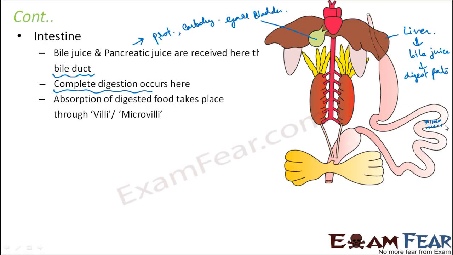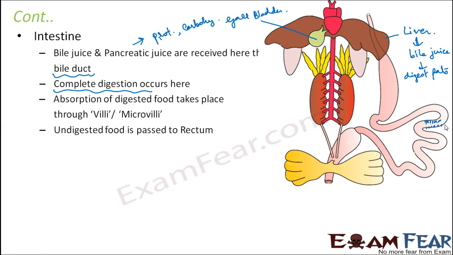Villi are present in large numbers so that absorption can increase, because the more villi present, the more the absorption. And that is our aim. We want more and more digested food to be absorbed and then utilized by the body. Once the digested food is absorbed, it will be transported to different parts of the body with the help of blood.